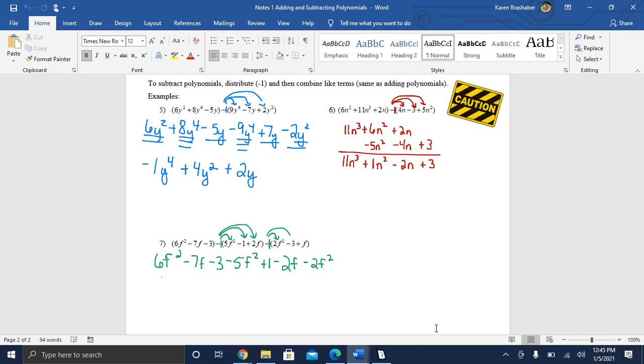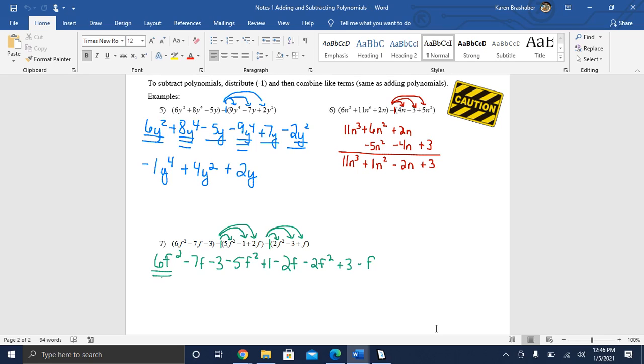We'll have negative 1 times negative 3. That makes positive 3. And negative 1 times f makes negative f, or negative 1f. I'm just going to put negative f so you get used to seeing that. All right, so then we look for our like terms.